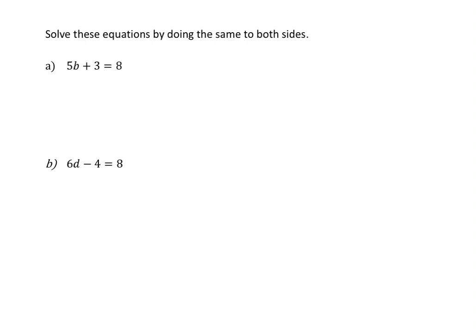We want to solve the following equations by doing the same to both sides. In my first example, it is 5b plus 3 is equal to 8. Now I want to get b by itself on the left-hand side. To do that, I need to get rid of the other operations that are currently combining with b.